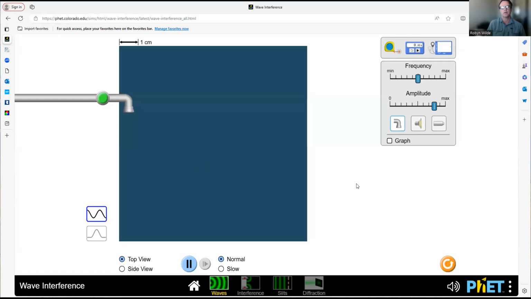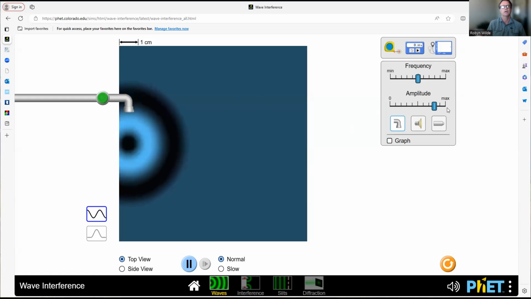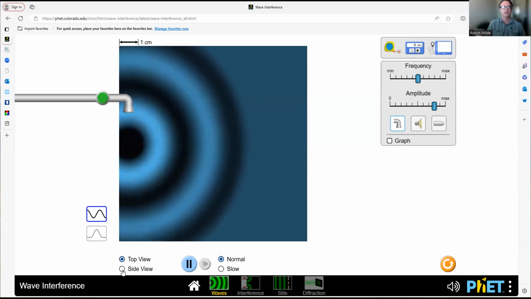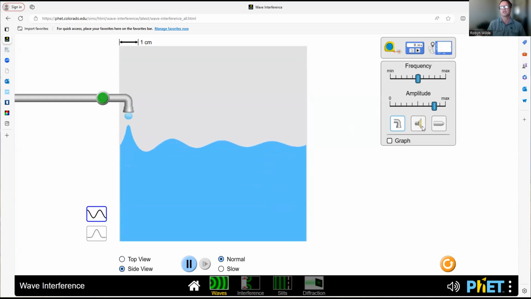Let's talk about a wave. For example, you could have a wave on a string or a wave on water. One of the things I can do here is turn this on, and let me look at the side view. I just wanted to emphasize: if I turn my frequency down, so the number of oscillations per second in hertz is much slower, you can see the wavelength is much longer, right?